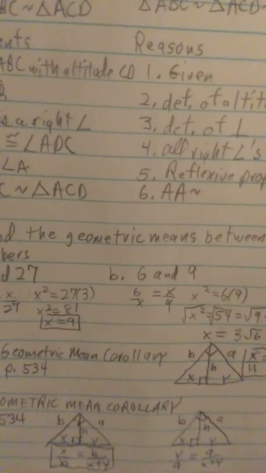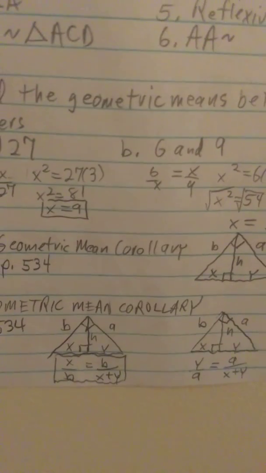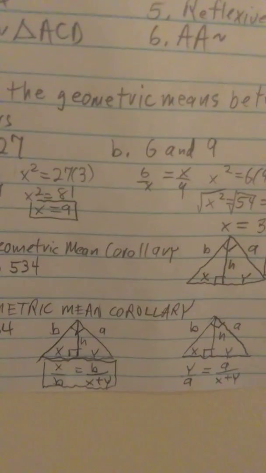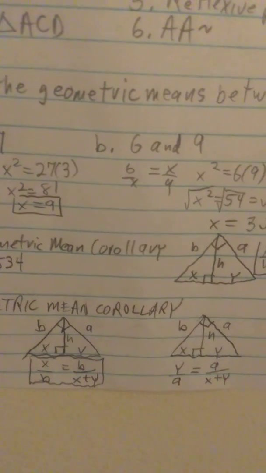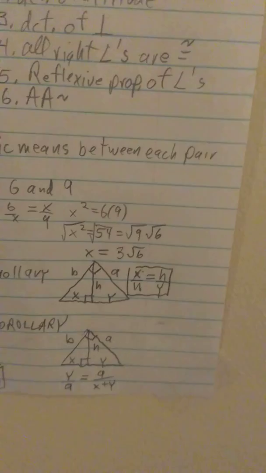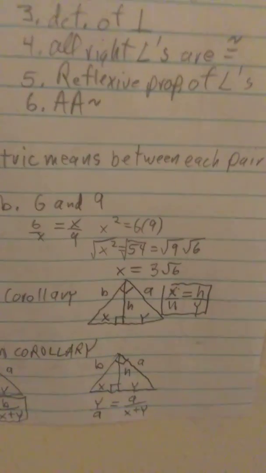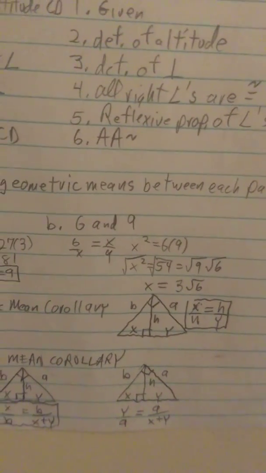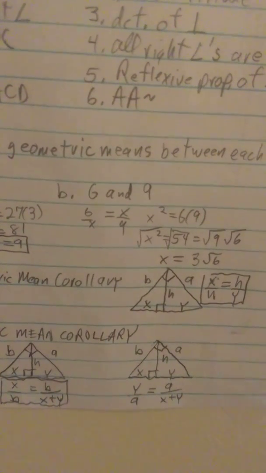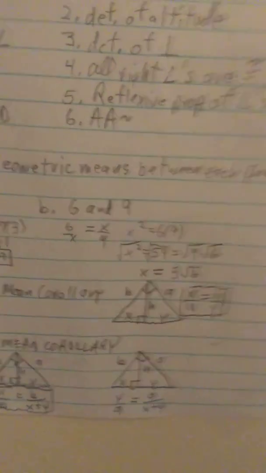So to set up for b, we do x over b, the left part of the base over that b leg, is equal to b over the whole base, x plus y added together. Now for the right side, we have y over a, the right side part of the base over a, is equal to a over the whole base, x plus y.